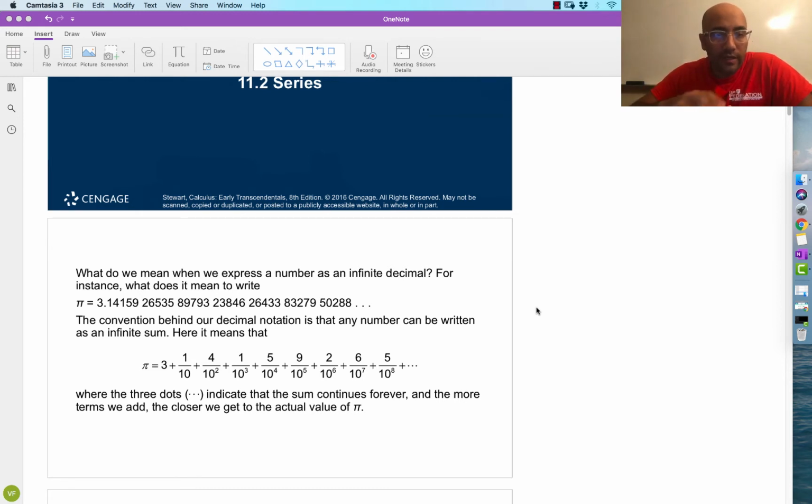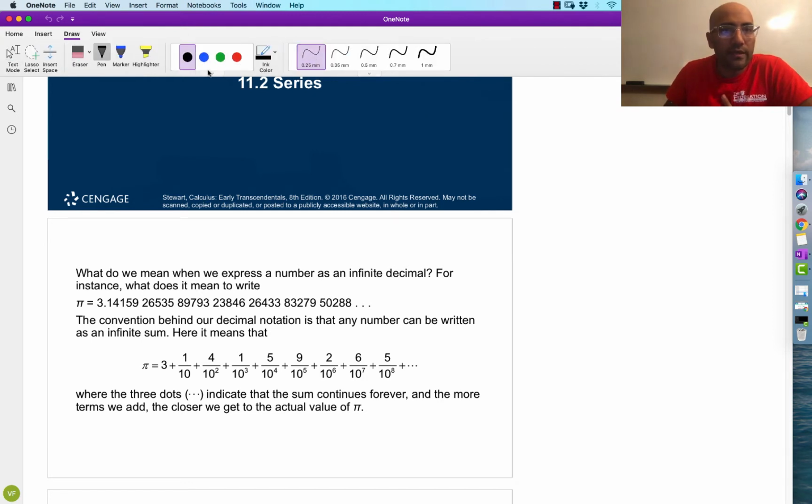But okay, so we can take this infinite decimal and rewrite it in terms of an addition of fractions, right? So this is how your author rewrote it, but let me just expand on that a little bit. So we have the 3.14. What we could do is say that that's just equal to 3.